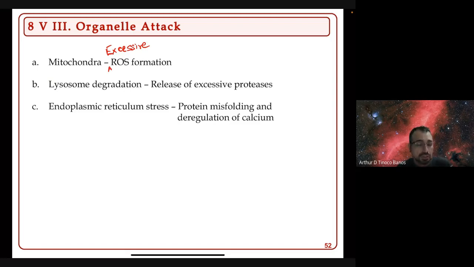You also have stress impacting the endoplasmic reticulum, which can lead to protein misfolding and even deregulation of calcium. So you would have the effect of platinum on an essential metal, which is very important within our bodies and plays a significant role in hormonal signaling.